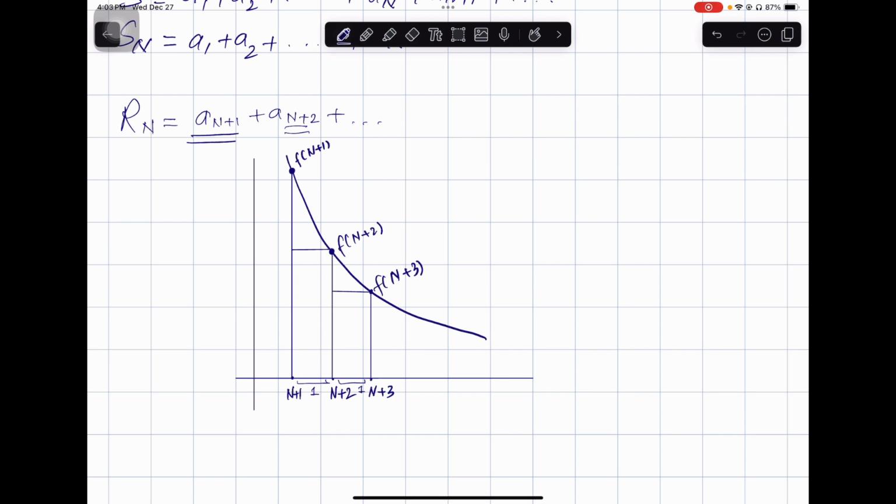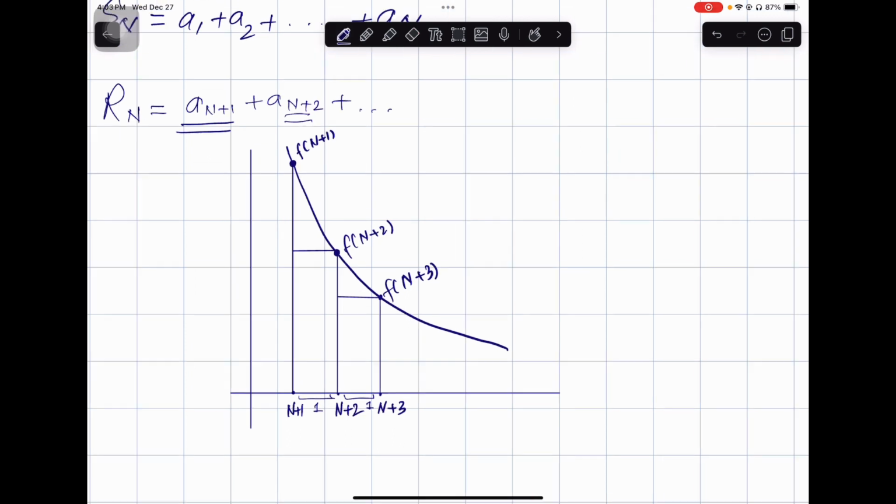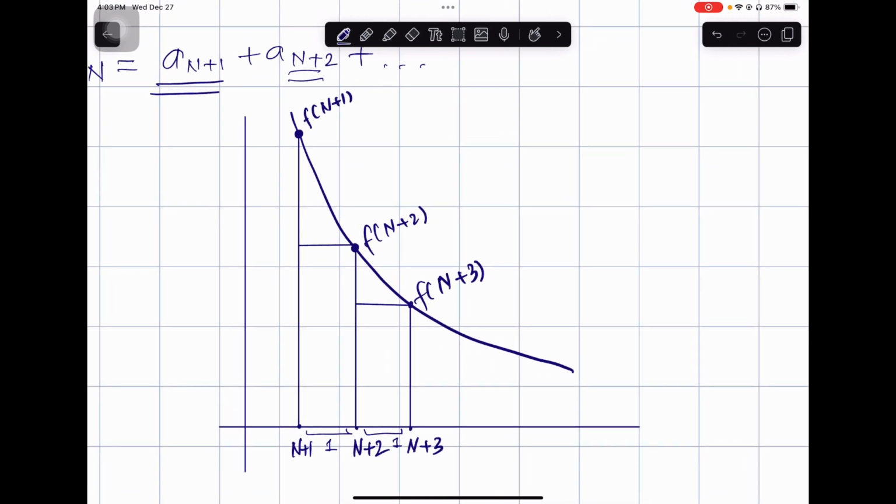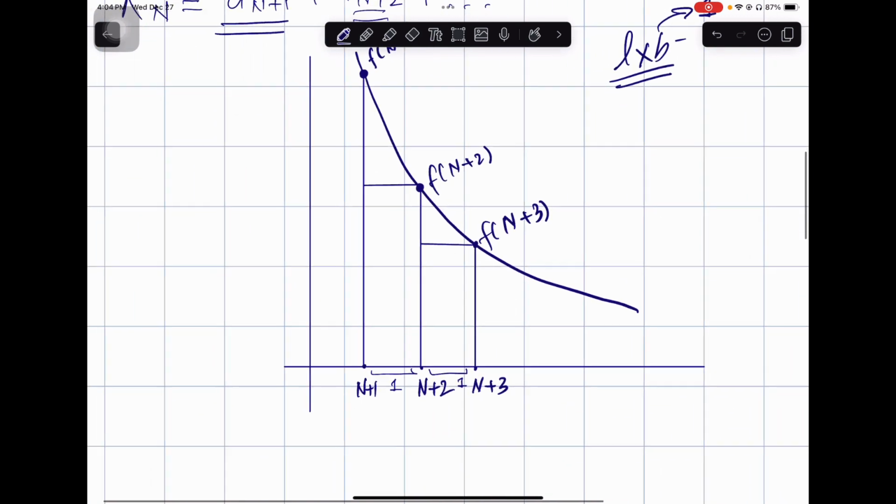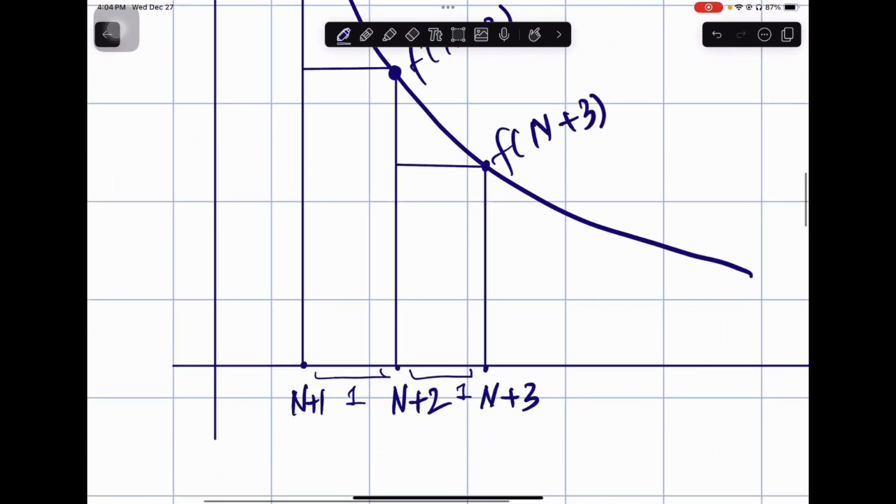Okay, so let's try and find the area of this rectangle. The area is length times breadth. The breadth in this case is just 1 unit. See, it's just 1 unit over here, 1 unit over here.